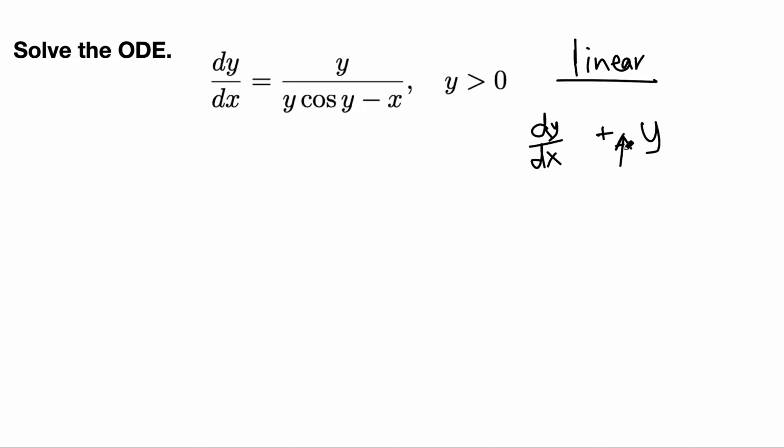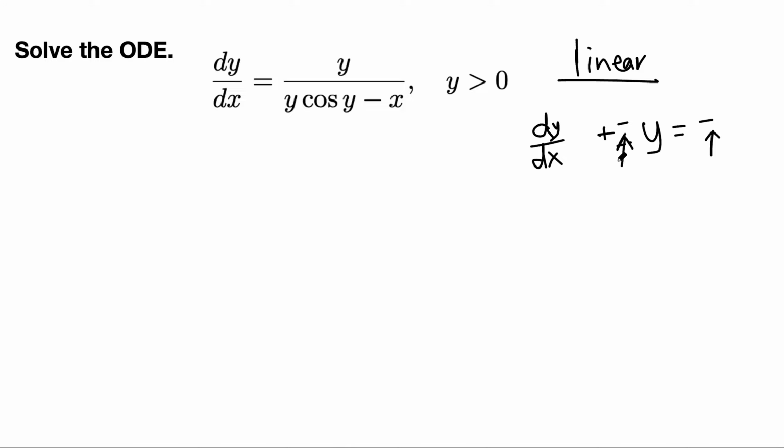So we can have a function of x here as well, but we can always divide by that. So when we have dy over dx plus some function of x times y equals some function of x, then this is linear in y. In that case we can find the integrating factor and solve.